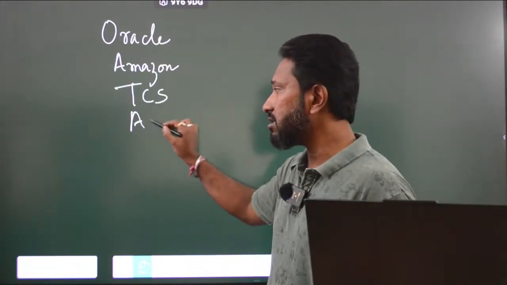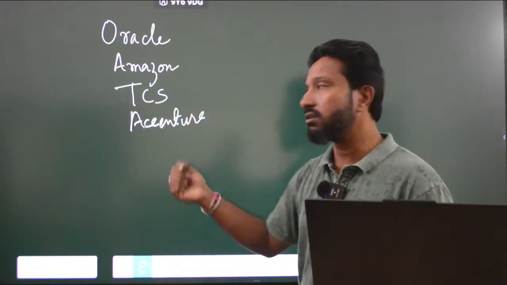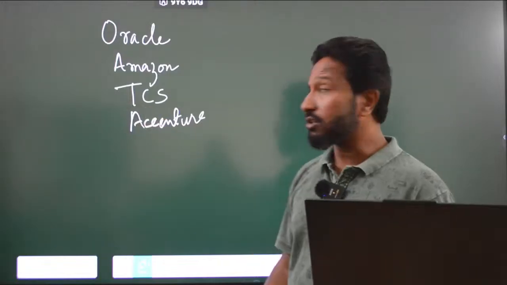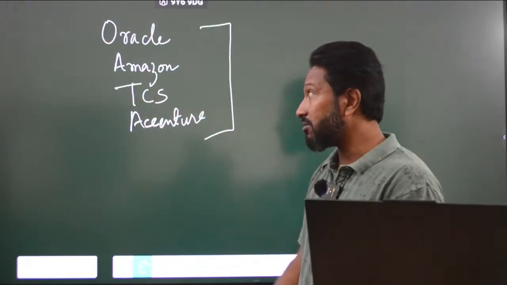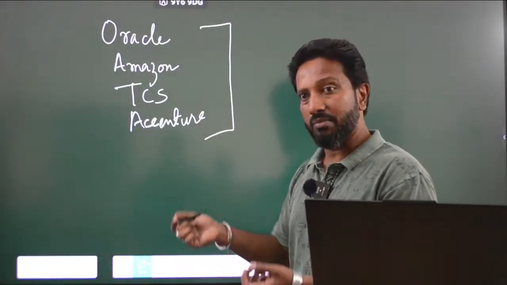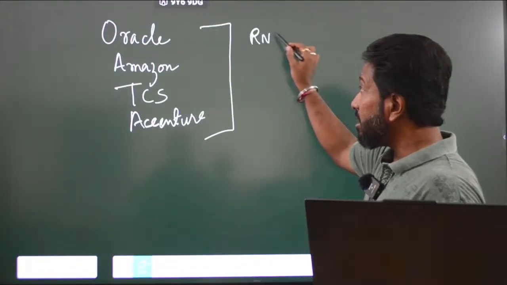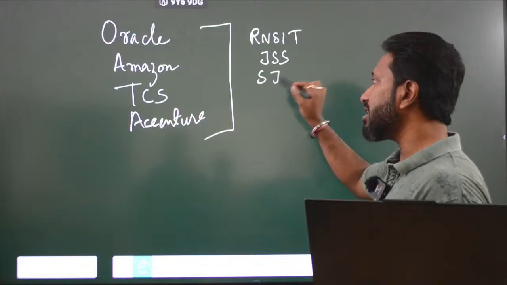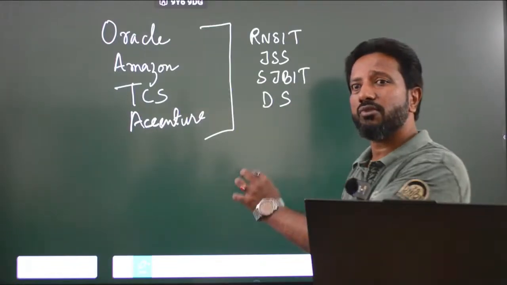I am talking about top colleges in Bangalore, because right now we are located in Bangalore. Please make a note of this. They come to RNSIT, they come to JSS, they come to SJBIT, they come to Anand Sagar.